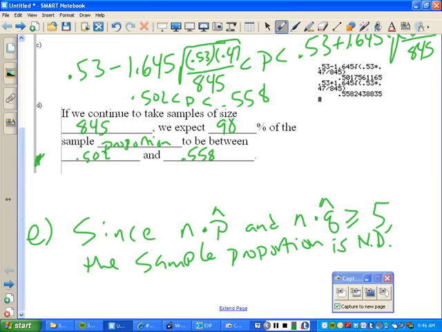I use ND to represent Notre Dame or normally distributed, depending on the context. In this case, it's normally distributed. Okay? All right, everybody straight on that.